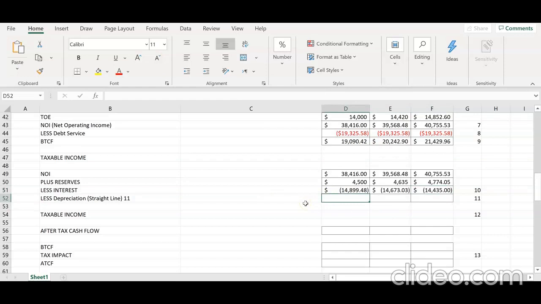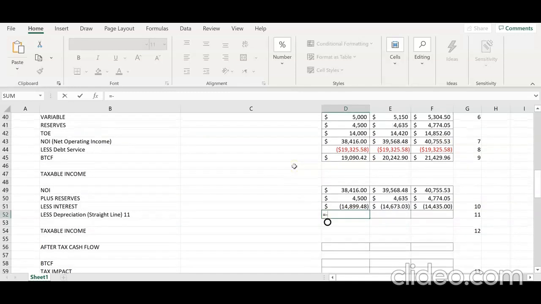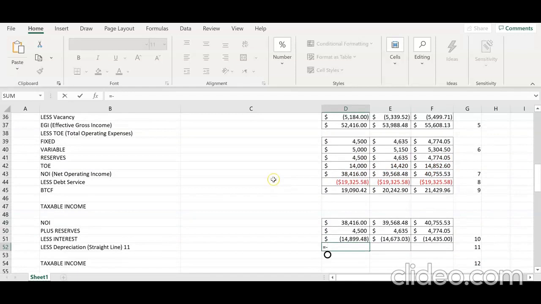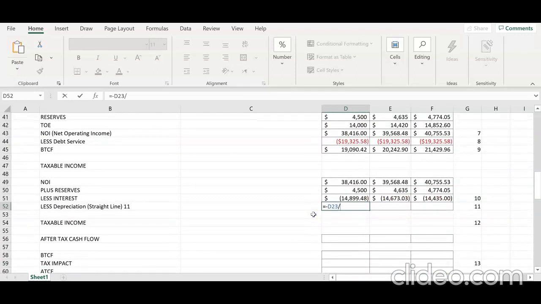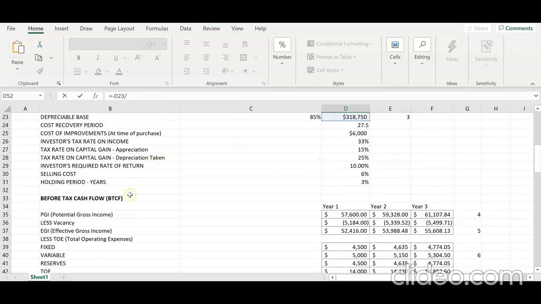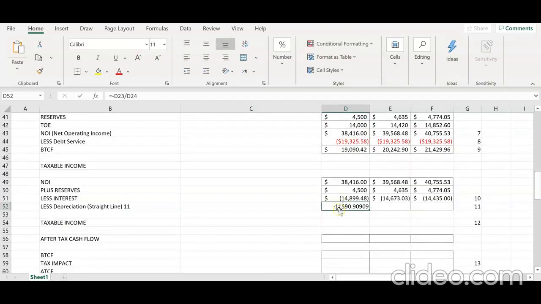For the less depreciation, I use the function negative to have a positive number at the end, divided by 27.5, and then choose the dollar sign, and we can drag it down or just copy the previous cell.